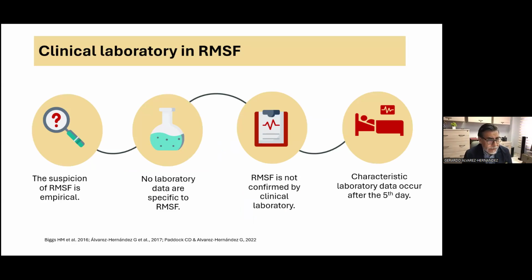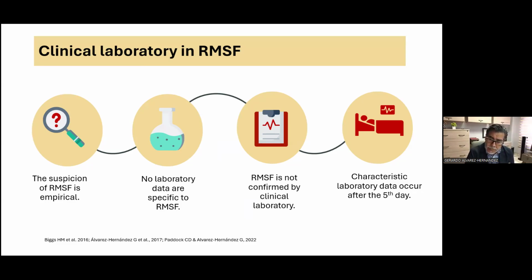On the other hand, let's talk a little bit about laboratory characteristics of the disease. Generally speaking, RMSF does not have any typical laboratory features, particularly in the early stage when we can see outpatients. However, some common characteristics can occur after the fifth day of clinical progress.